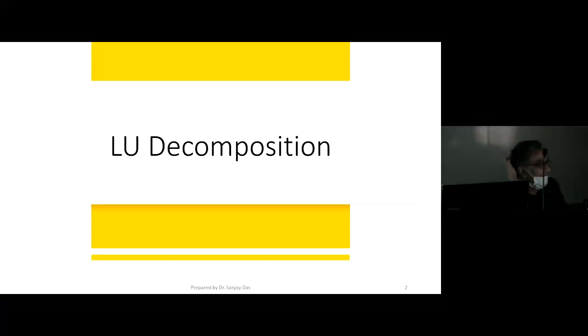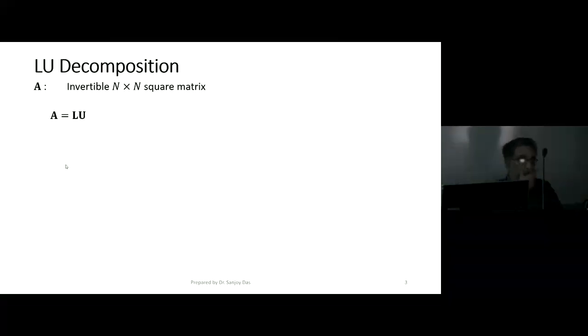So we begin with LU decomposition. Take a square invertible n by n matrix A. LU decomposition is the decomposition, or factorization, of A into a lower triangular matrix and an upper triangular matrix, so that A equals LU.